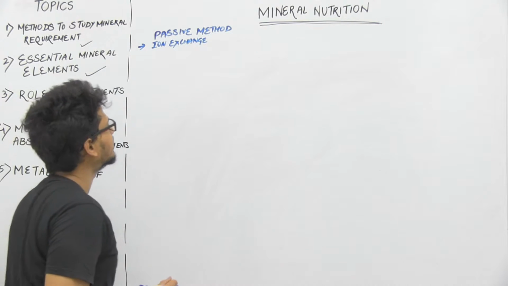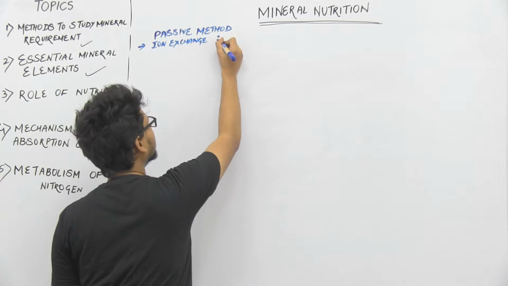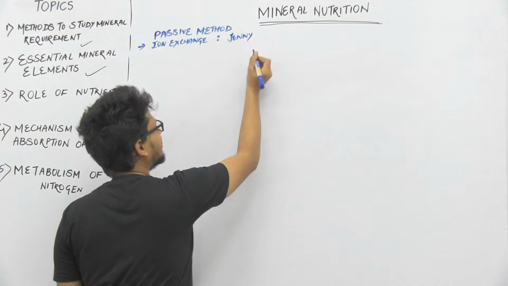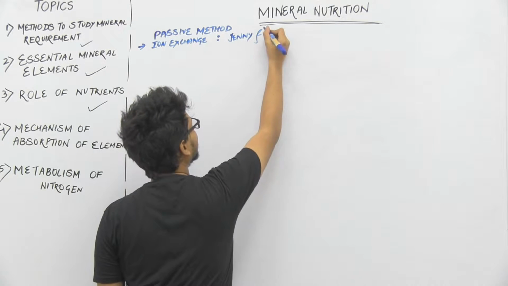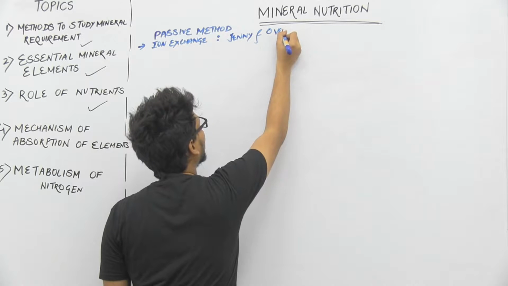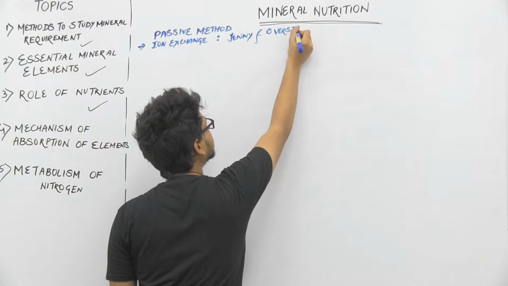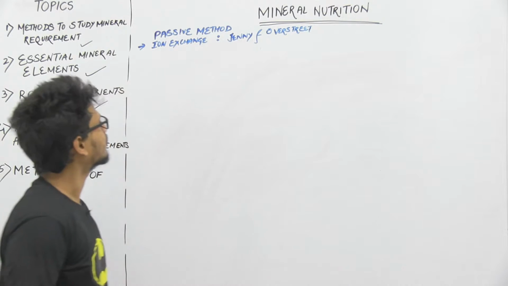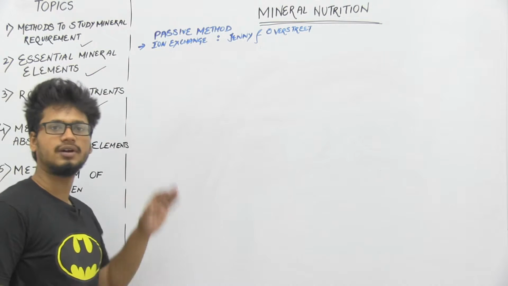Okay, ion exchange. This was given by Jenny and Overstreet. Jenny and Overstreet gave ion exchange.